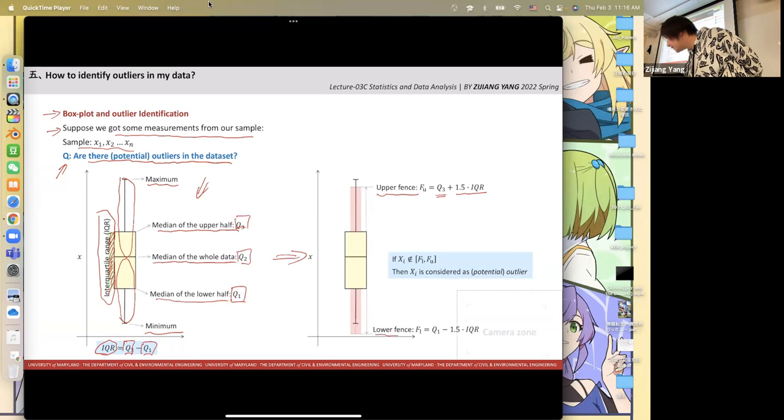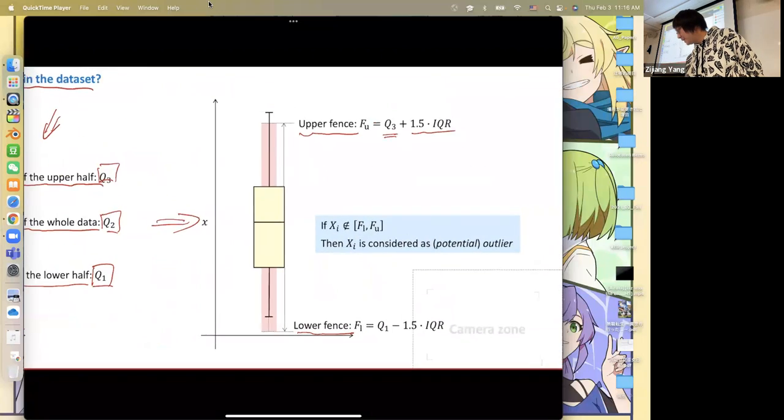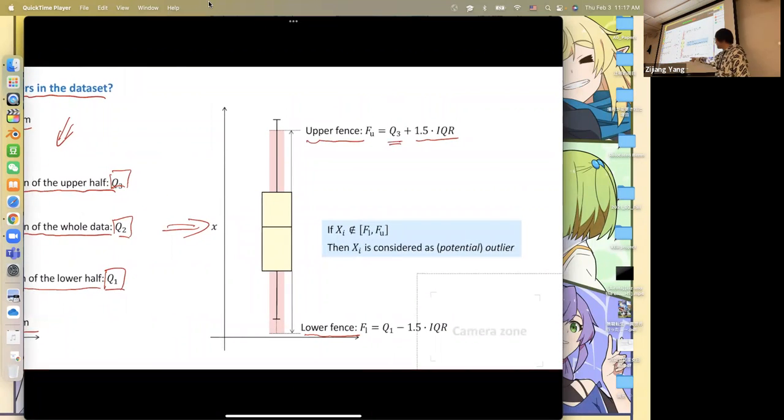Then we can also calculate the lower fence, which equals Q1 minus 1.5 times the IQR. Again, Q1 is known and IQR is also known, so the lower fence can also be calculated. So in this case, everything can be calculated, and finally, we have this upper fence and lower fence range.